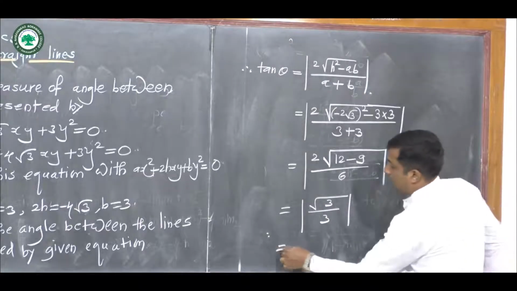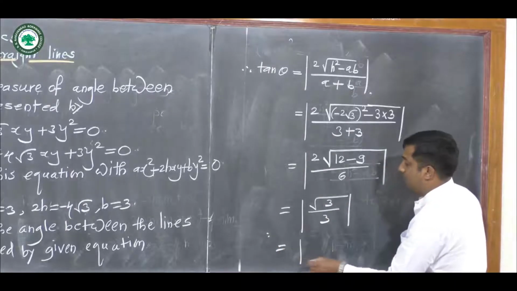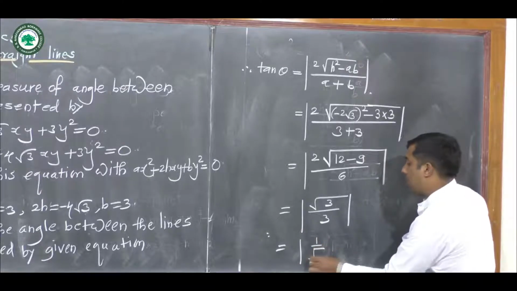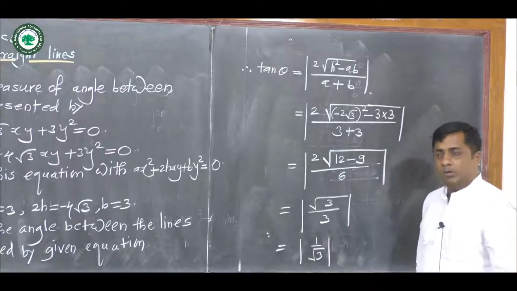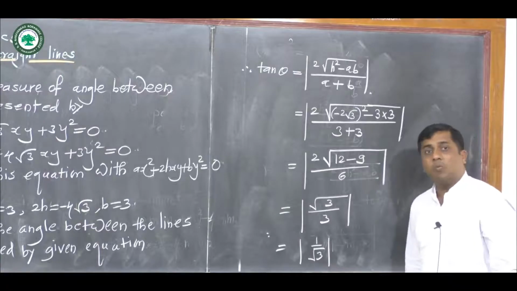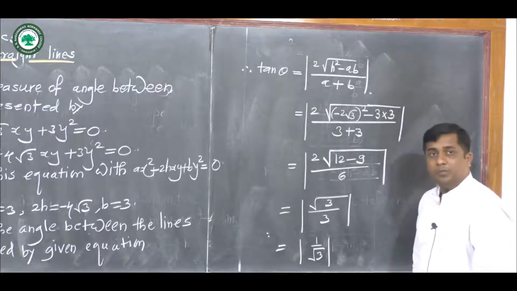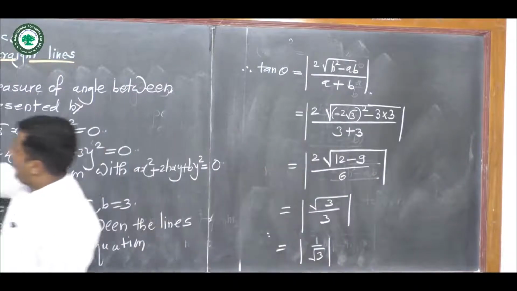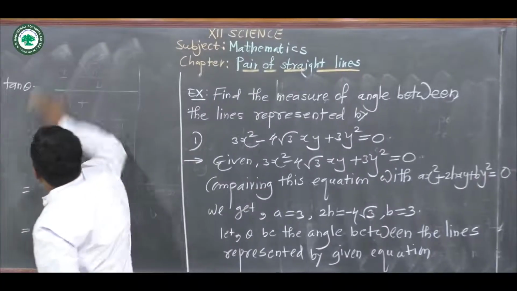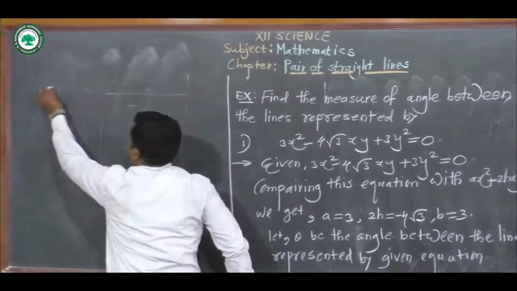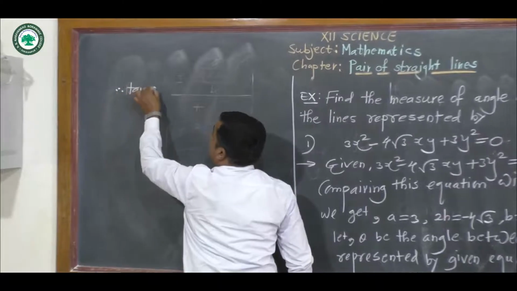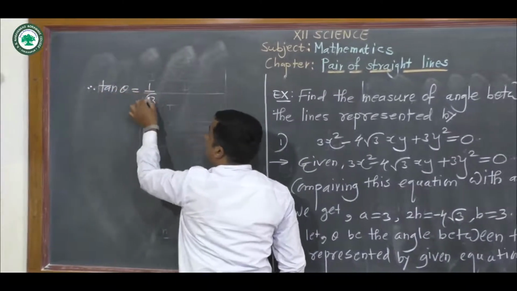Now we get inside the mod 1 upon root 3, since root 3 upon 3 is 1 upon root 3. So we get tan theta is equal to 1 upon root 3.